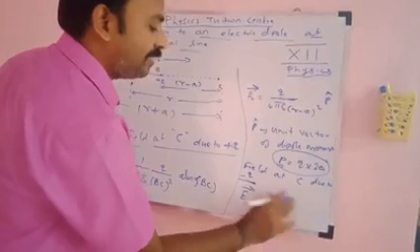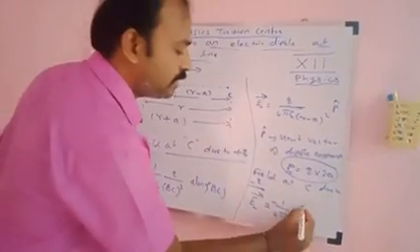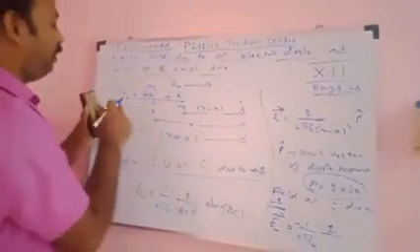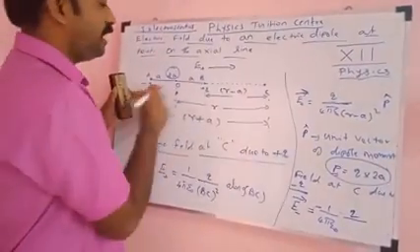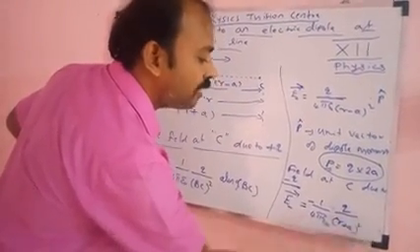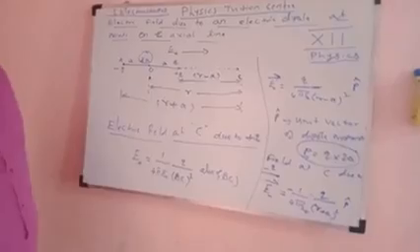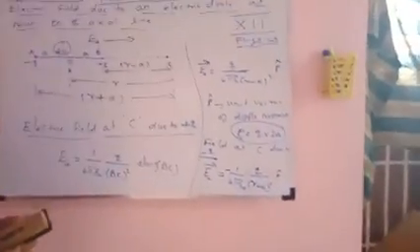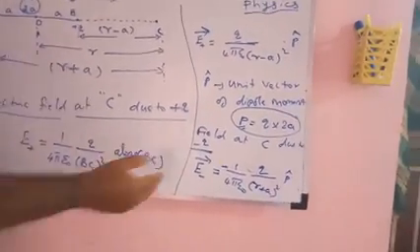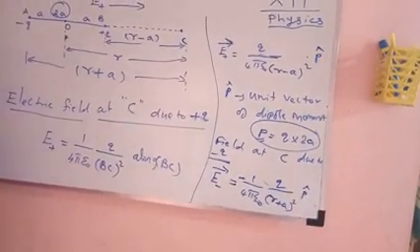The minus will be taken outside: minus 1 by 4 pi epsilon 0 q by AC squared. The value of AC is R plus A, so AC squared means R plus A the whole square, into P cap. This is the electric field at C due to the negative charge minus Q, given in vector representation.